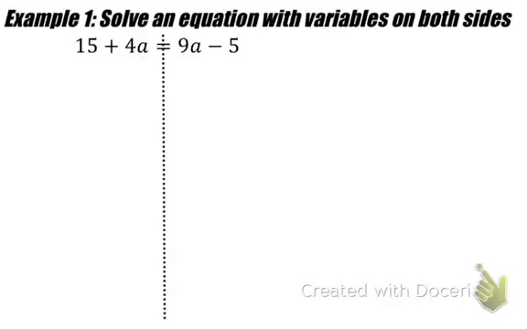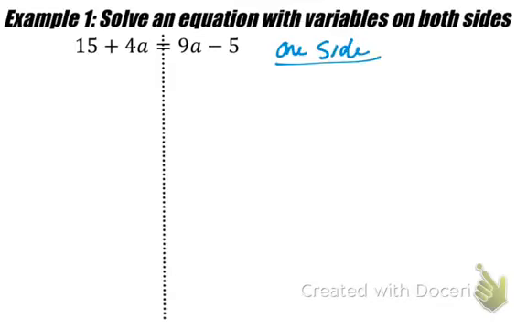And again, that equal sign is our divider for the left side and the right side. When solving an equation where variables occur on both sides, you have to make a choice. Whatever side you choose, you have the variable terms on one side of the equal sign, not necessarily the left, and the constants on the opposite side.